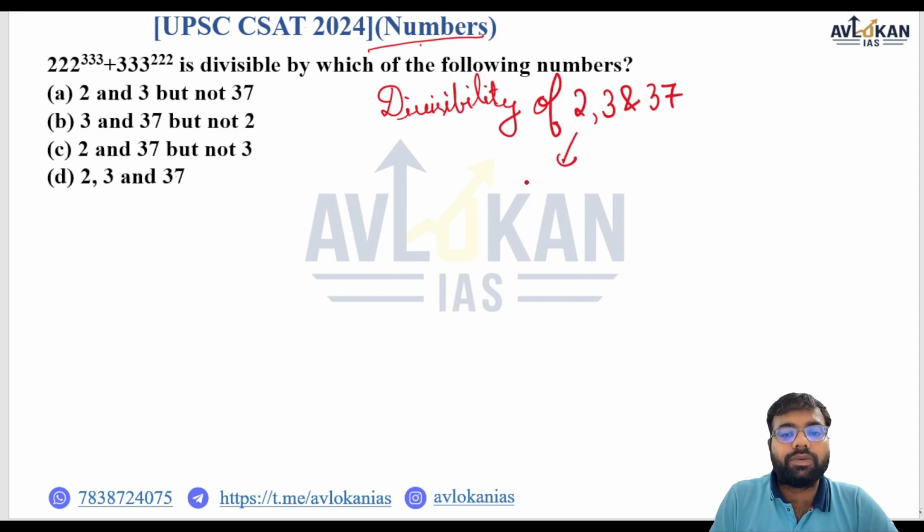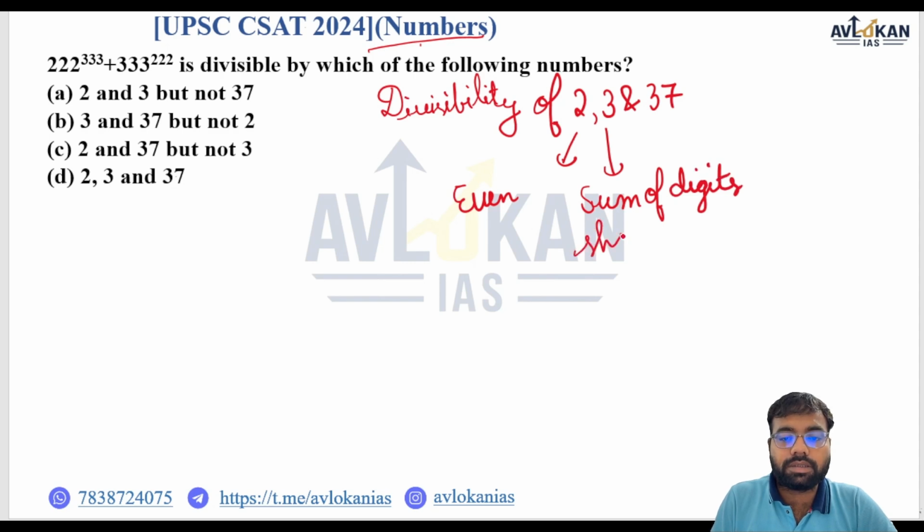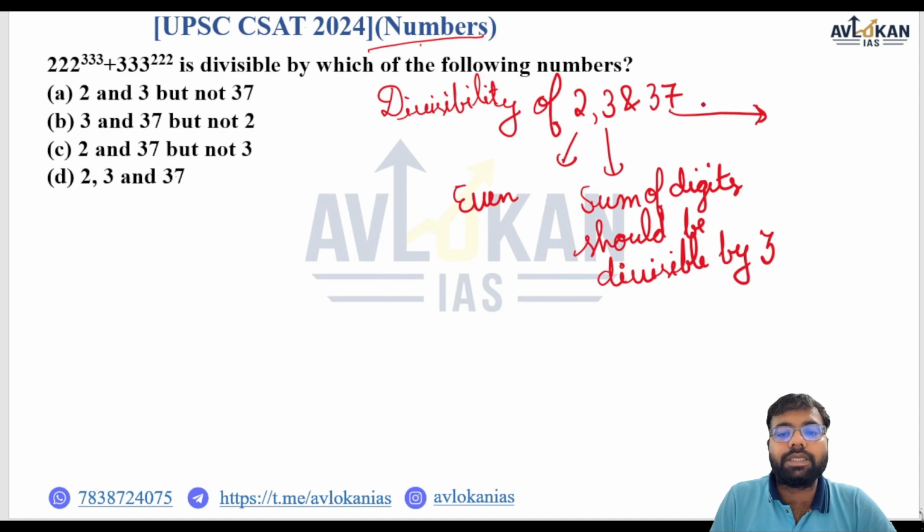Okay, 2 we know, even numbers. 3 we know, the sum of digits should be divisible by 3. Next is 37. Generally, you will see that 37 is asked with the reference to 111.